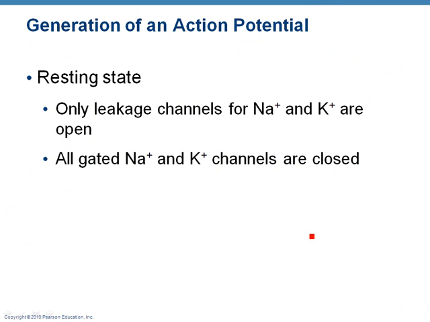All right, generation of the action potential. At rest, remember this is at minus 70 millivolts, you've just got sodium and potassium going across the membrane, setting up that resting membrane potential. Nothing else is going on. All your voltage-gated channels are closed at rest.